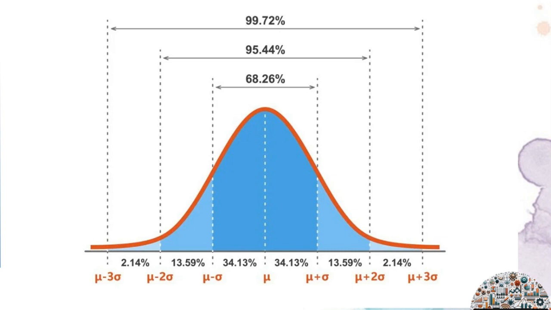And if we calculate the standard deviation of our distribution and we calculate these items, you can see that exactly 99.72% of our measurements are within our mean plus or minus 3 times our standard deviation. This is about the normal distribution.